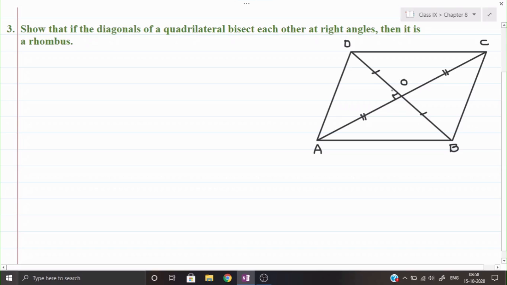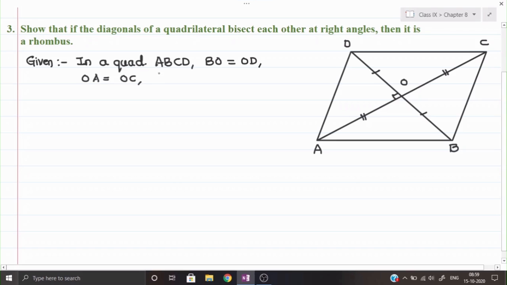First of all, what are the given things to us? In quadrilateral ABCD, we are given that BO is equal to OD, and OA is equal to OC.